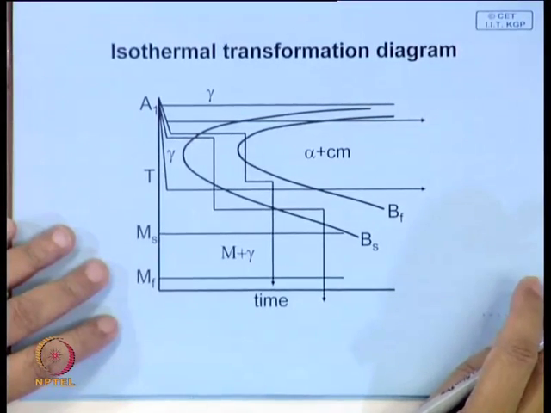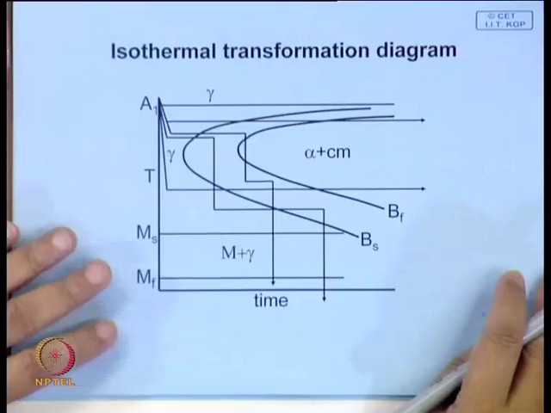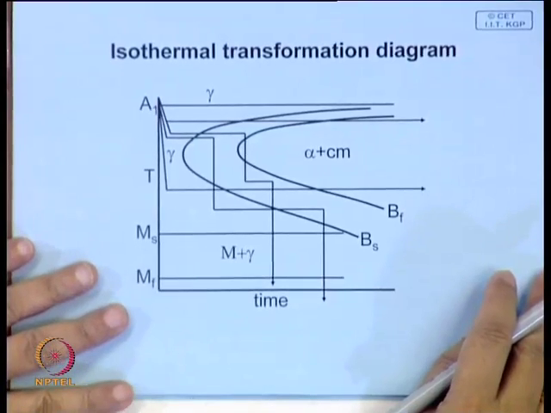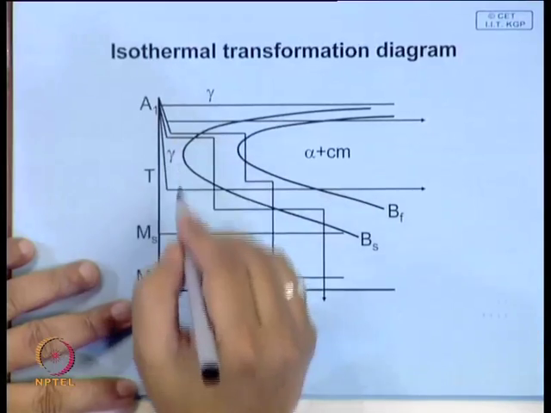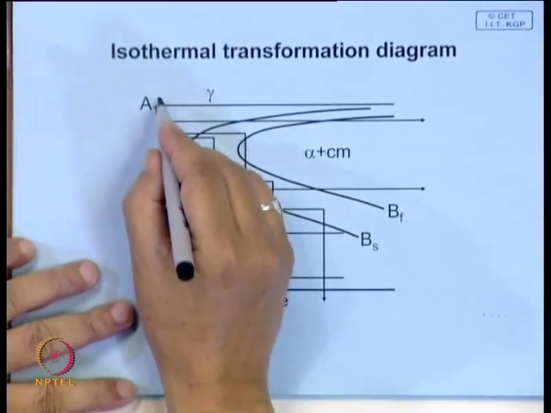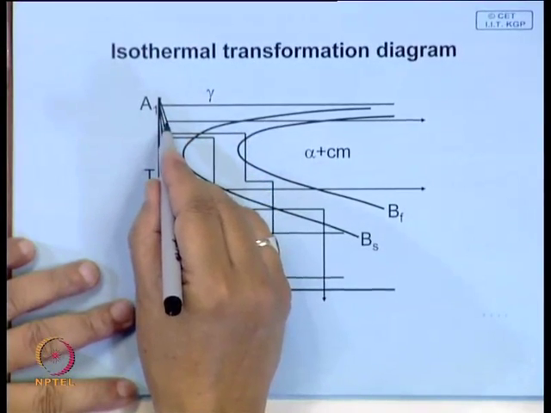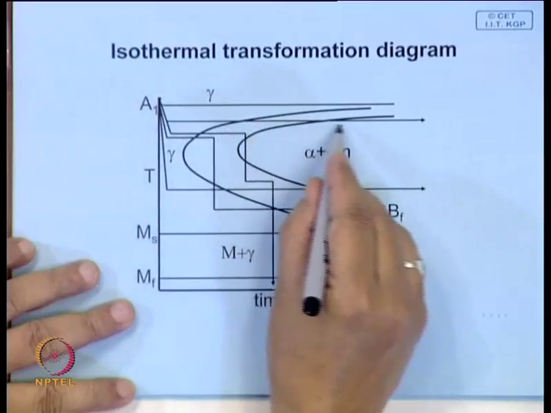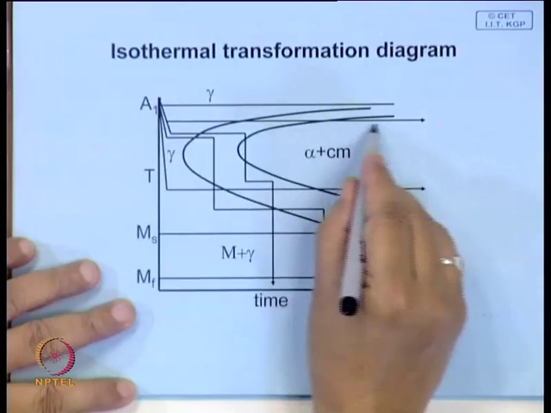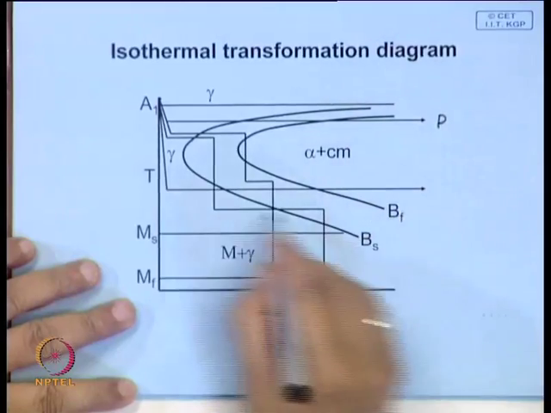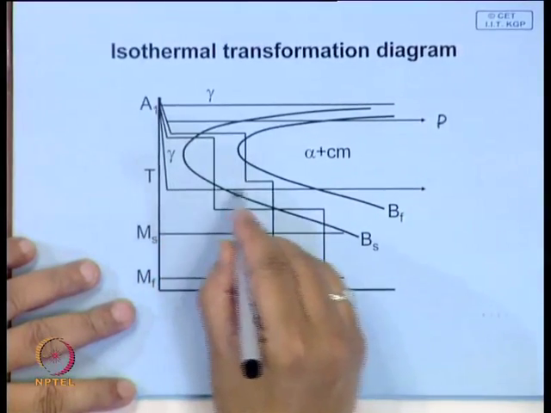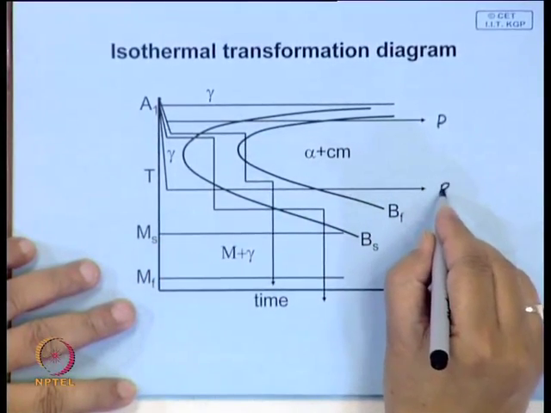an isothermal heat treatment process by which you can get different mixtures of structure. Suppose you heat this particular steel to the austenitic region, quench it to a bath, maintain it at this temperature, and allow it to transform completely. Here you get a pearlitic structure. If you allow it to transform at this temperature, you get a bainitic structure.